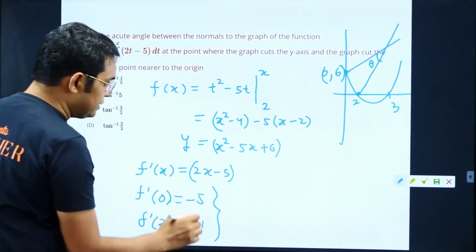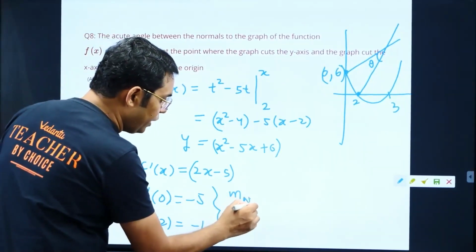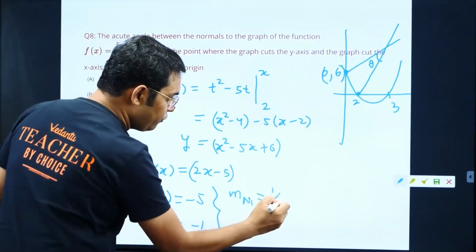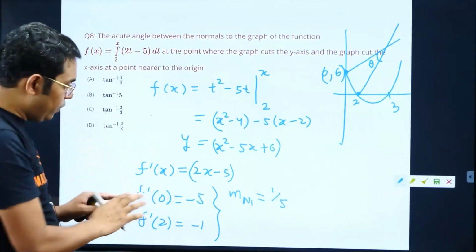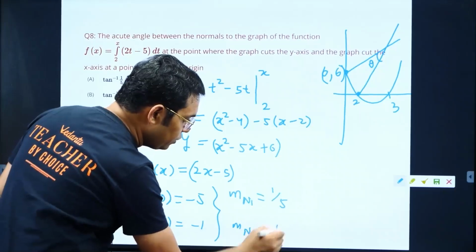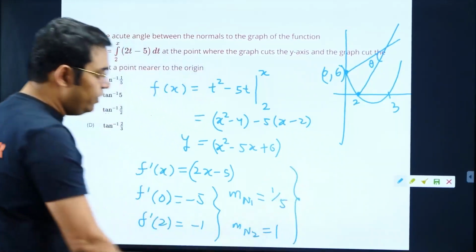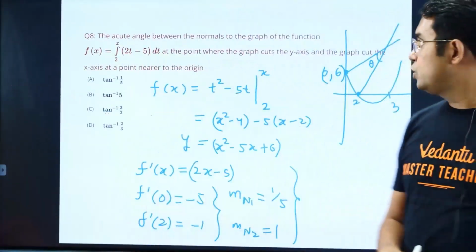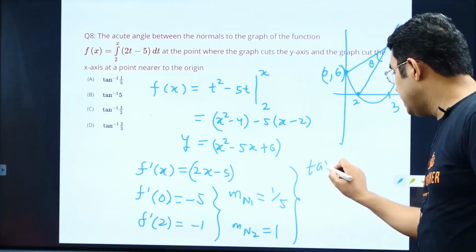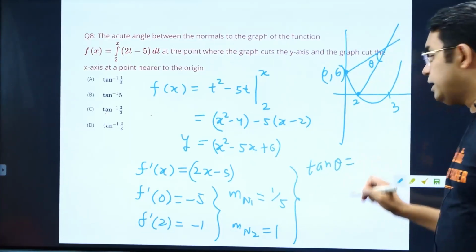So from that you can see the slope of normal 1, at (0, 6), will be equal to 1 upon 5, that is minus 1 upon f dash, and the slope of normal 2 will be equal to 1. Now using this we can find the angle between two normals, and tan theta is equal to (m1 minus m2) upon (1 plus m1 m2).